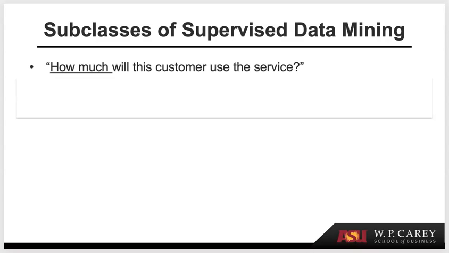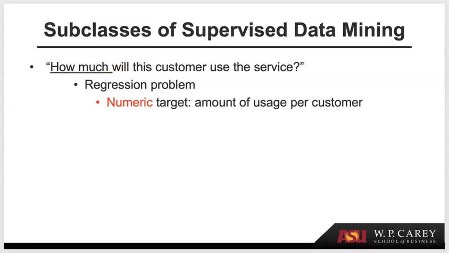The degree, or the extent of consumption, is it a categorical variable or a numeric variable? Is there an order in it? Yes. Either the customer uses a lot or less. There is a degree, there is an order. So this question can be best addressed by a regression problem because the target is numeric.